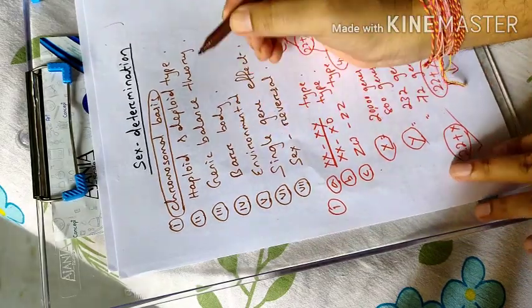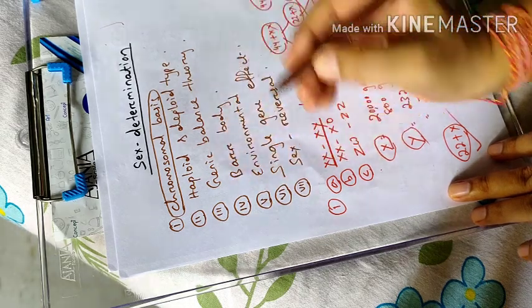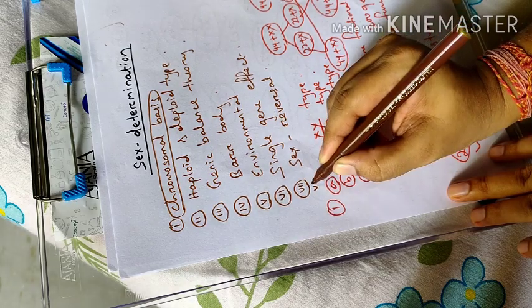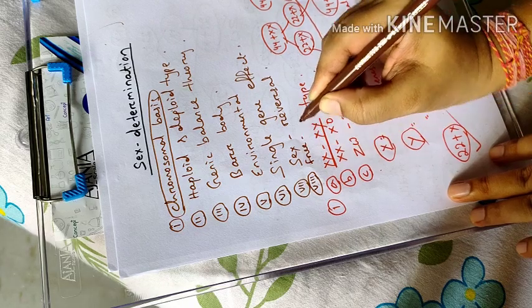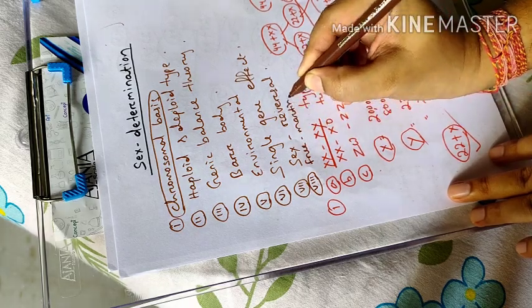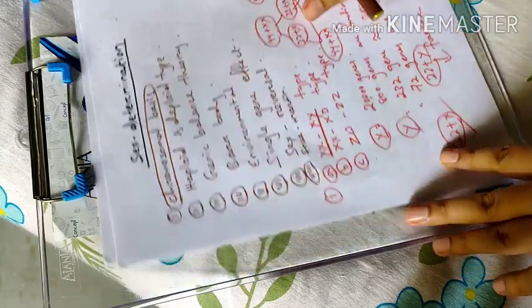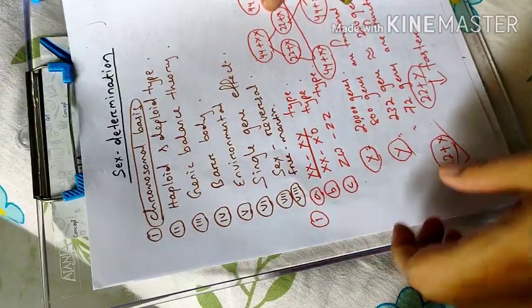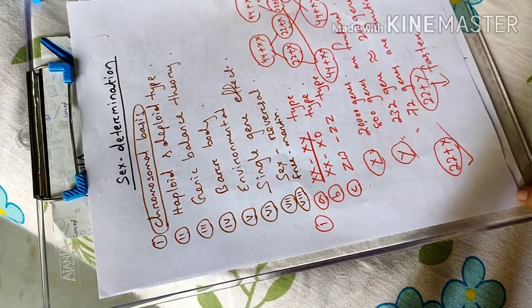Here we forgot one point, that is number 8, that is free-martinism. Okay. In this way, sex determination is complete. Okay, students, thank you for listening. Hope you enjoyed this class.